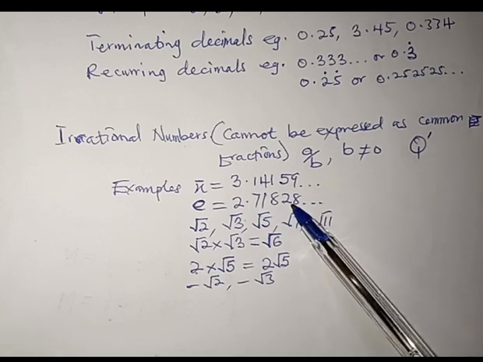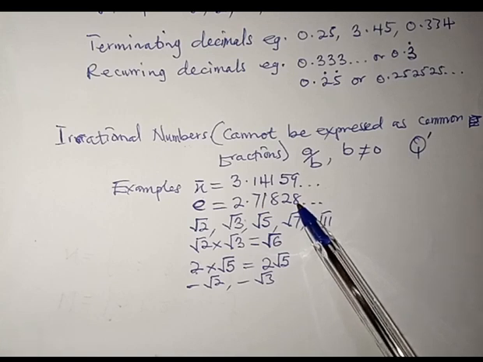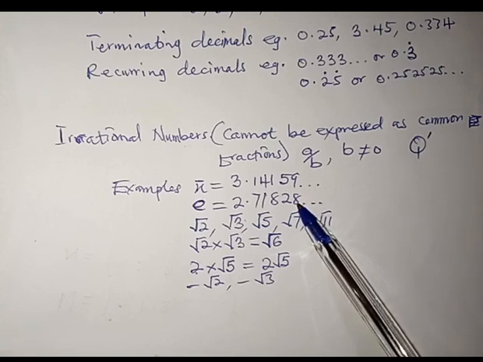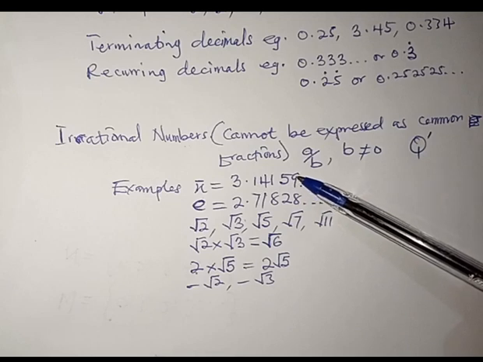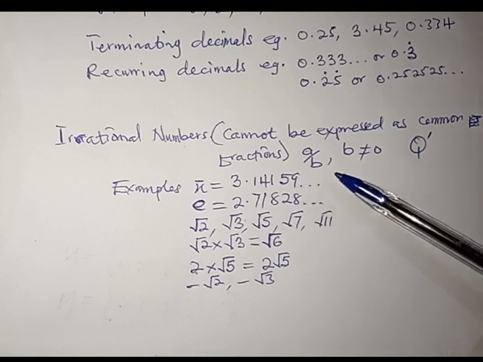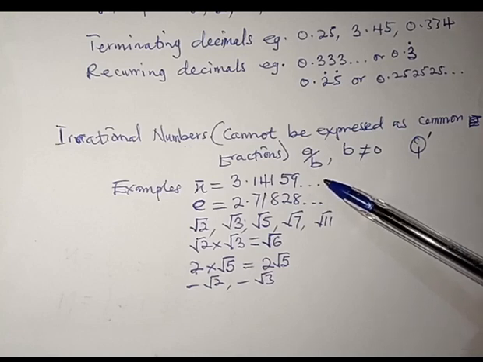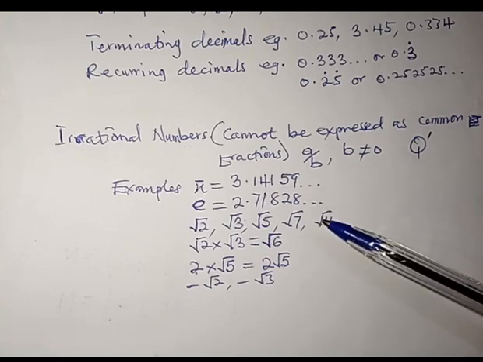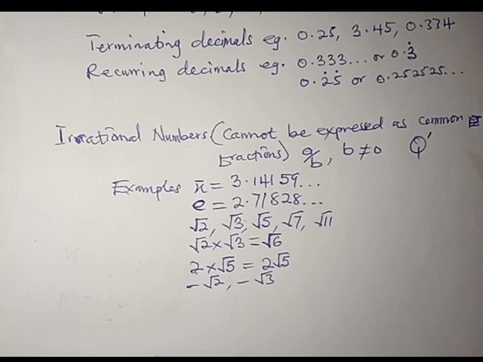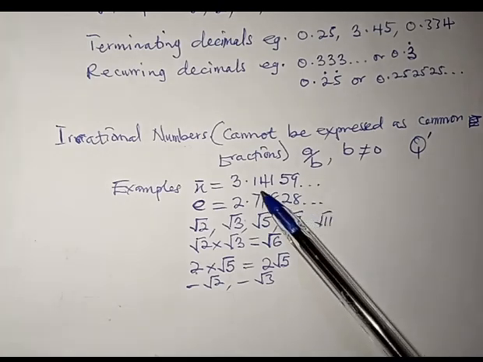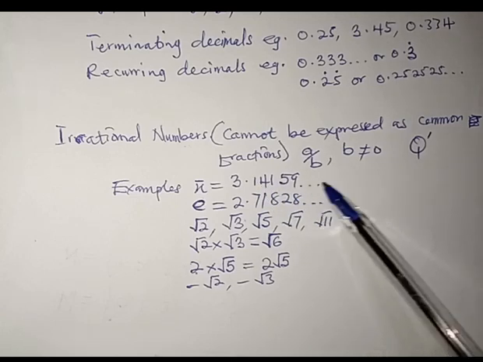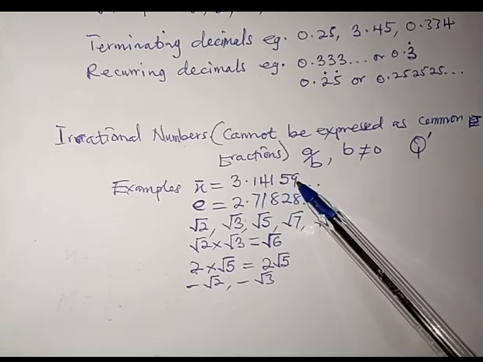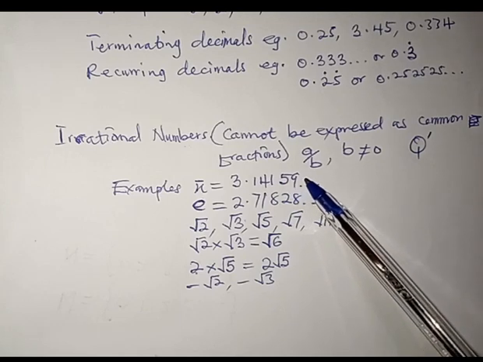Looking at this one too, 8 is the last number shown. It doesn't mean 8 ends here. If you want to continue, you can continue. There are other numbers. So that means the decimal number is not terminating. It doesn't terminate. And in the case of recurring, we are saying that irrational numbers do not also what? Recur. So looking at this, you could see that none of these numbers are repeating. None of these numbers have a repeating pattern.